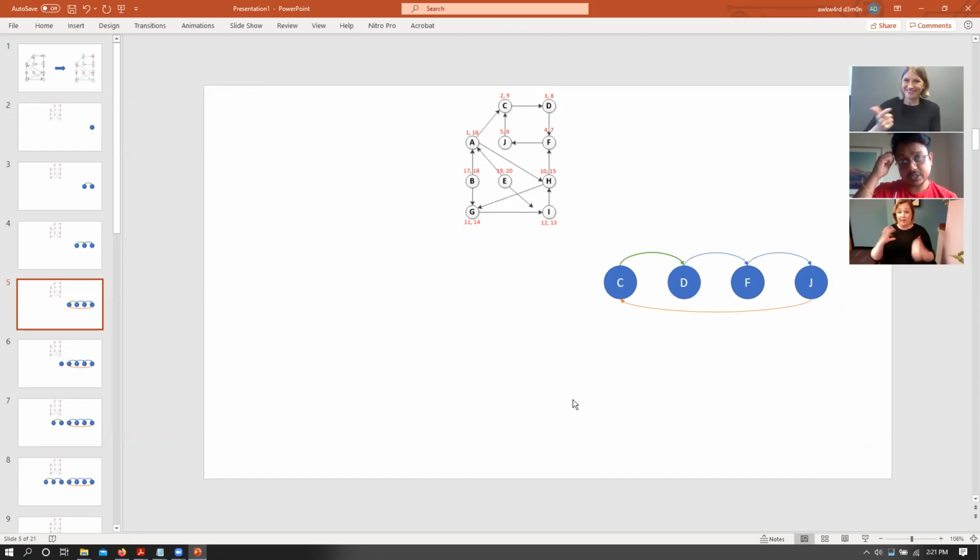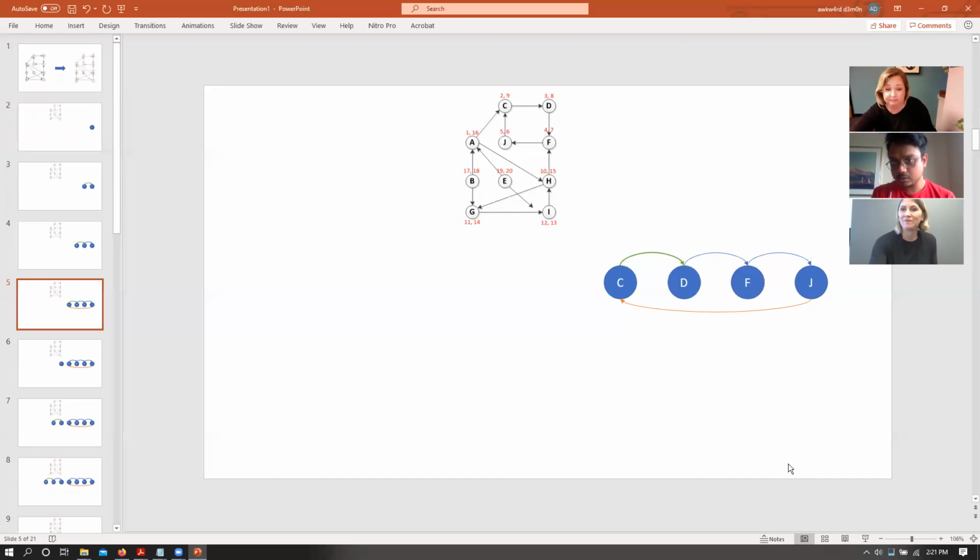But now when we have C, we see that there is a back edge, that J is now connected to C. That is what we mean when we talk about back edges, right? So a back edge in this particular scenario is J having an edge that connects to a parent.